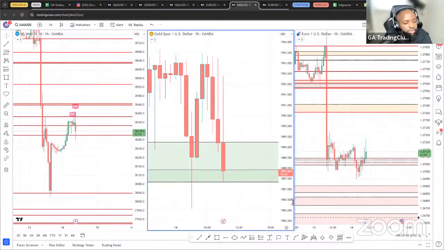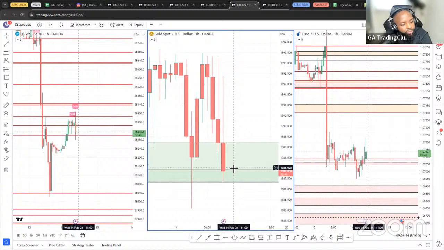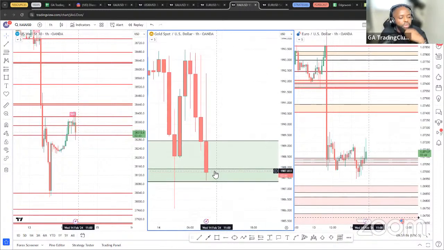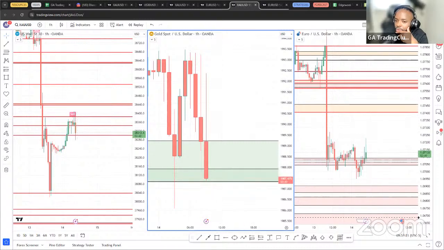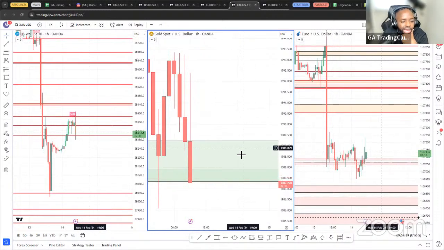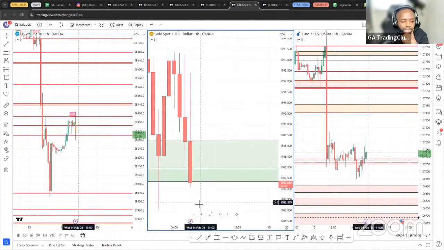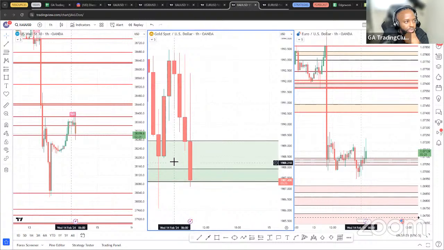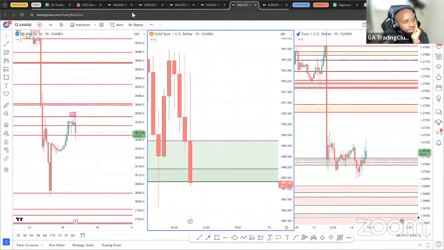This is tricky. This is on the hourly time frame. So normally what happens, they manipulate or they mitigate this whole OB. So I think it's better to let me see.